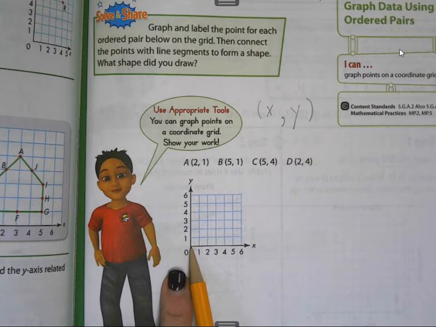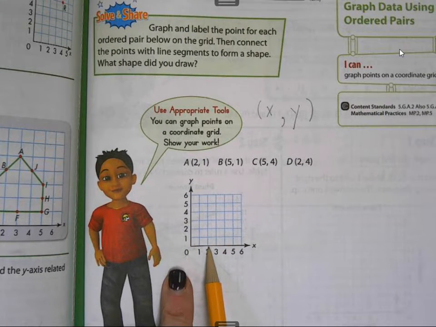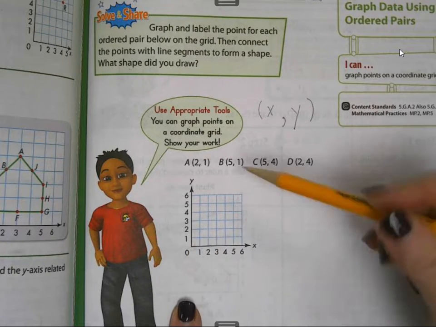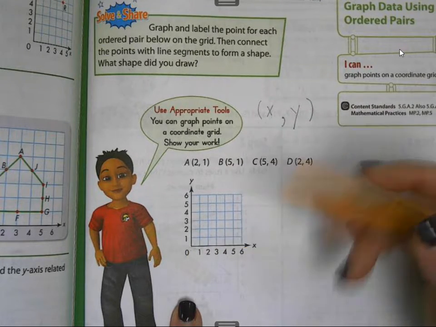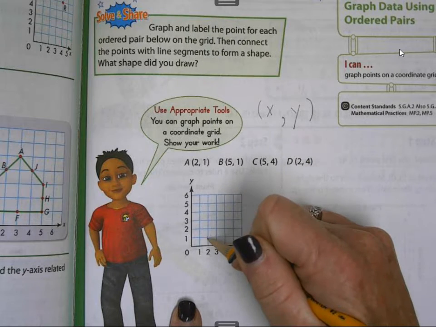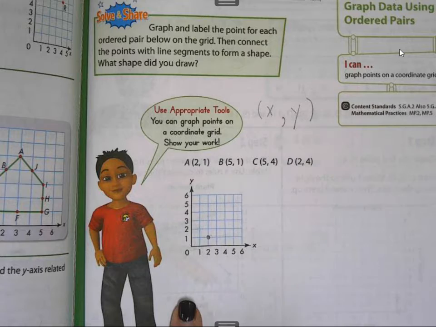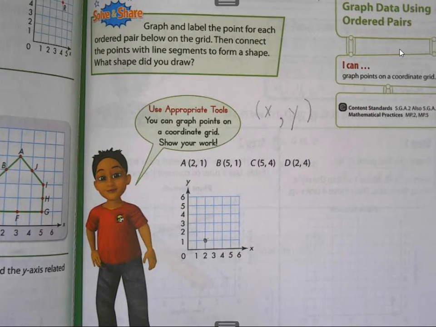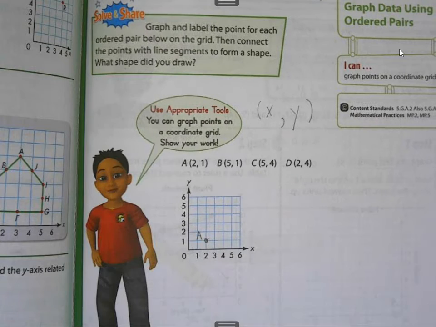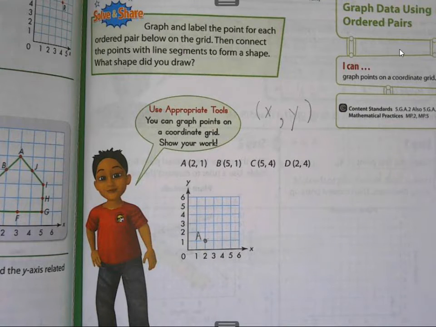So I start at the origin and I move over 2 along the x-axis. I run 2 on the X before I jump up 1 on the Y. So watch this, over 2, up 1. I make my point. It's just like a big fat period. And then I label it with a capital letter. Points are capital letters. And that is 2, 1.